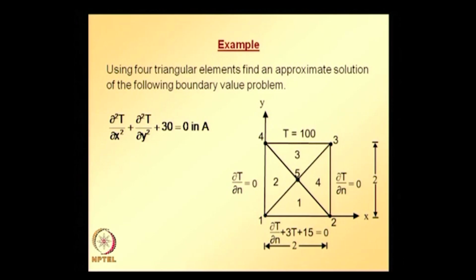and along each of the edges the boundary conditions are also shown, and the geometrical details and problem dimensions are given. From the geometrical details given in the schematic, using the coordinate system that is defined, we can easily figure out the nodal coordinates of each of the nodes 1 2 3 4 5, and the elements are numbered as 1 2 3 and 4.